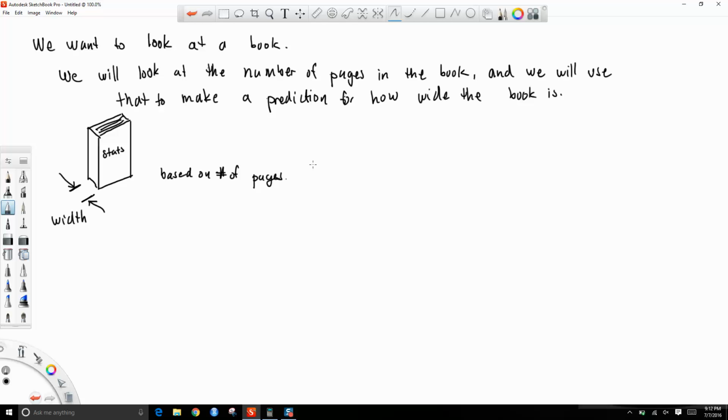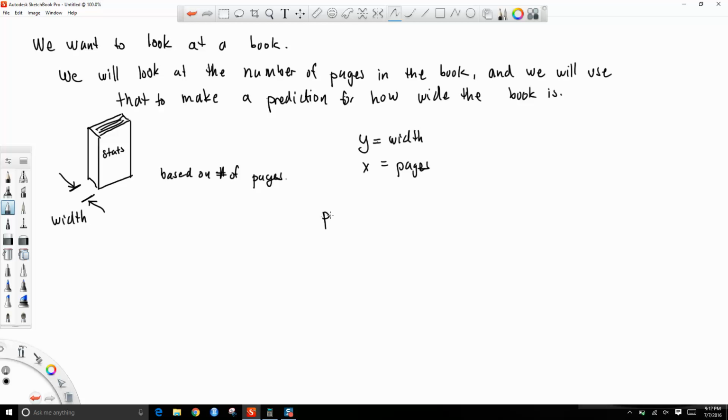So what is our y variable, and what is our x variable? What's our y? Y is the width. And what is x? The number of pages. So we're going to predict width based on the number of pages.